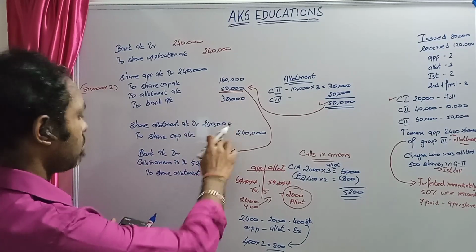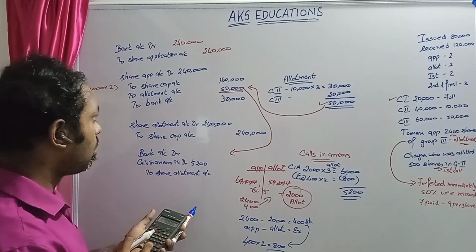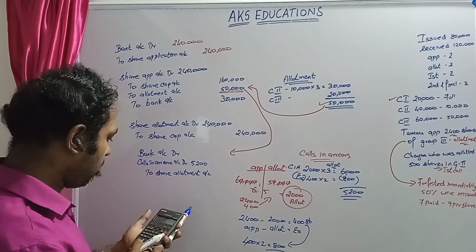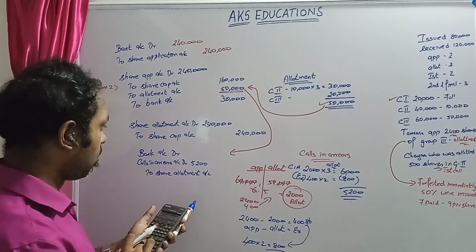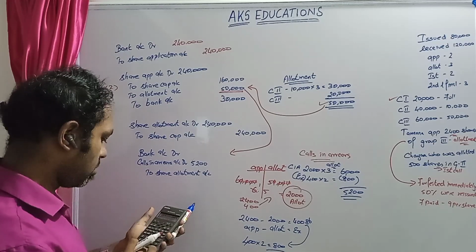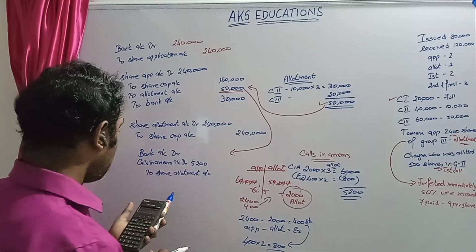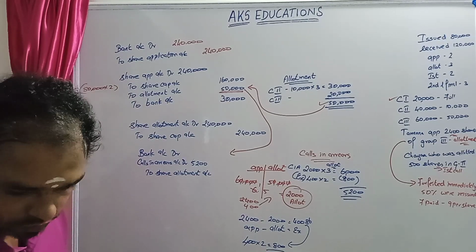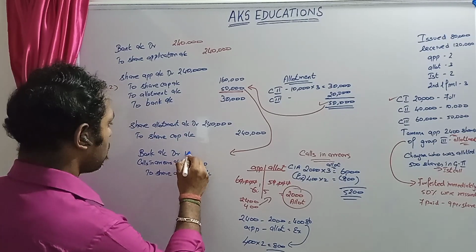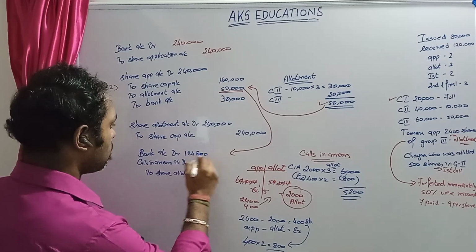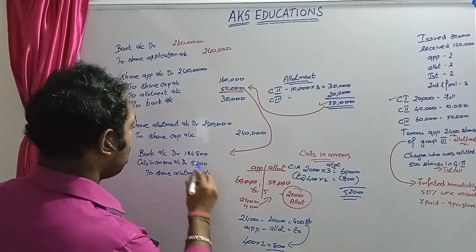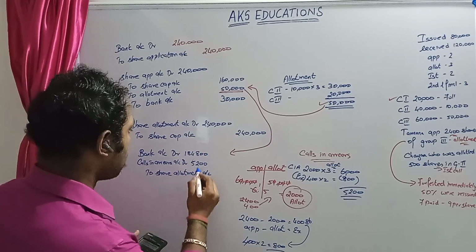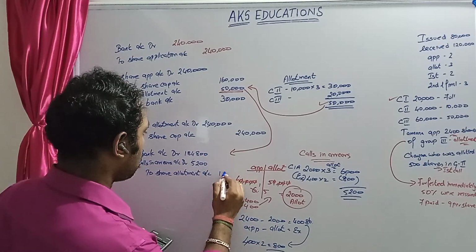So 2,40,000 minus the 50,000, again minus 5,200. So I'm getting 1,84,800. So 1,84,800. Okay. So obviously 1,84,800. So you get it as 1,90,000.